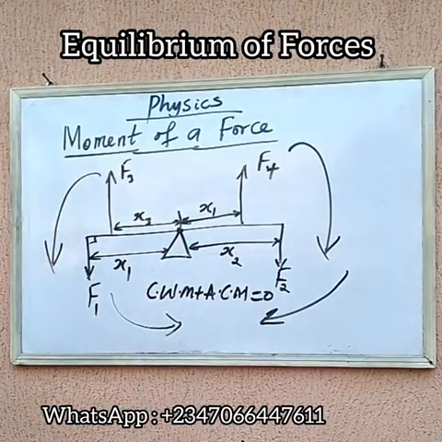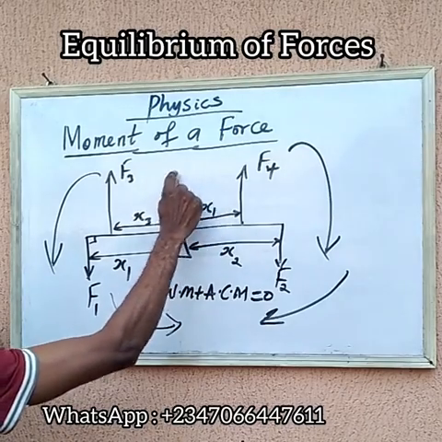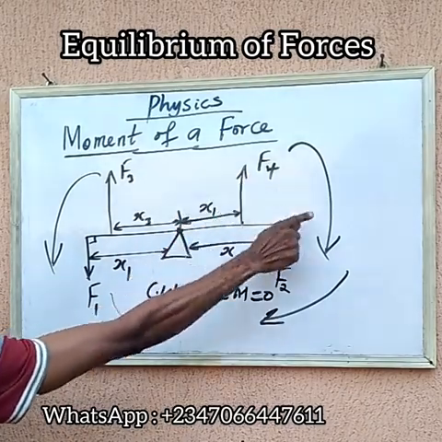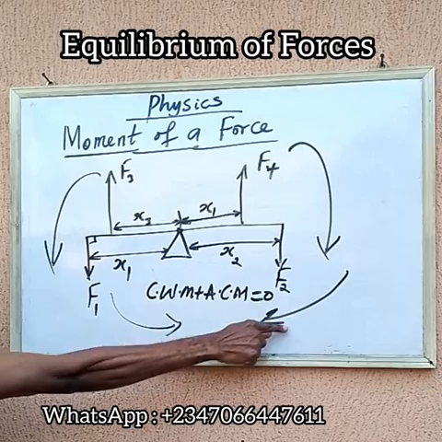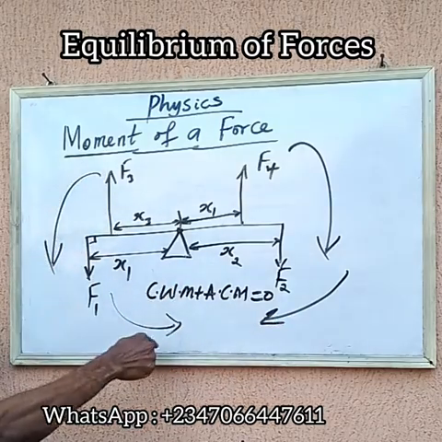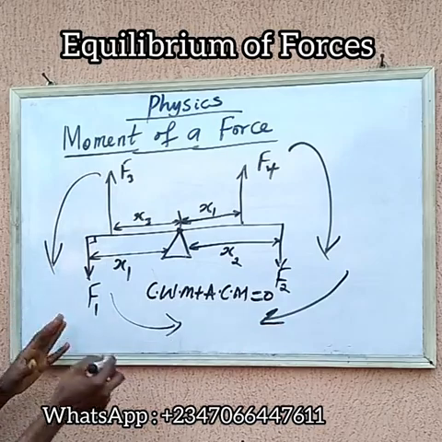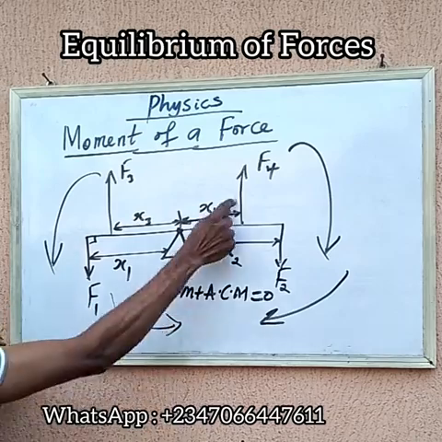Now let us look at the clockwise moment from here. Which one is clockwise? Look at when the moment is going like this, it's coming like this. This is called clockwise. Look at this direction. As it's coming like this, this is the clockwise. While this one that is coming like this is anti-clockwise. Now look at the force that will move clockwise and the one that will move anti-clockwise. Look at the fulcrum here.